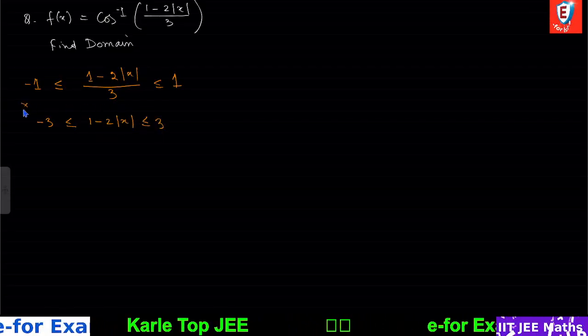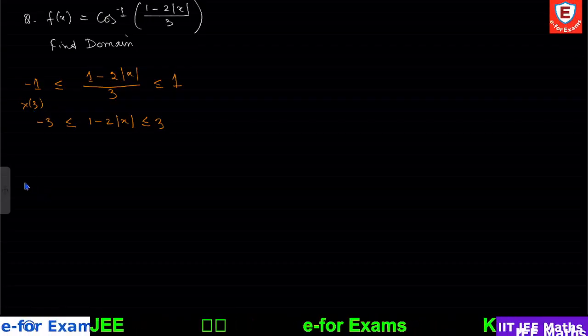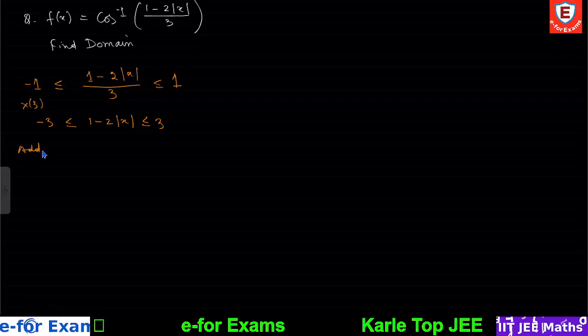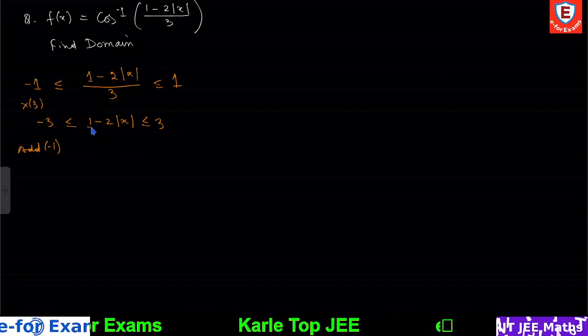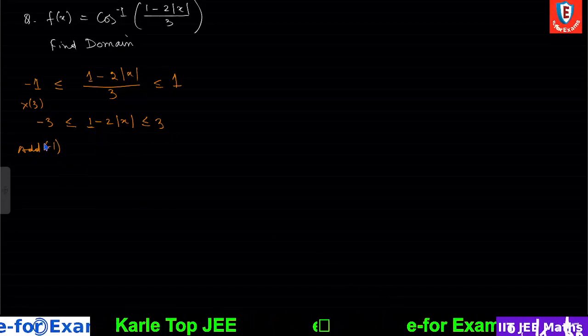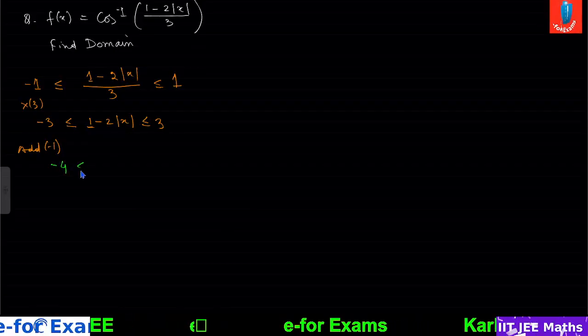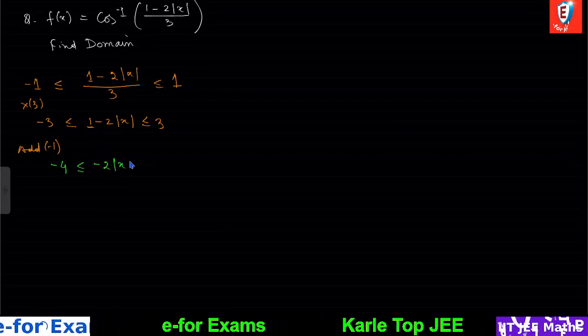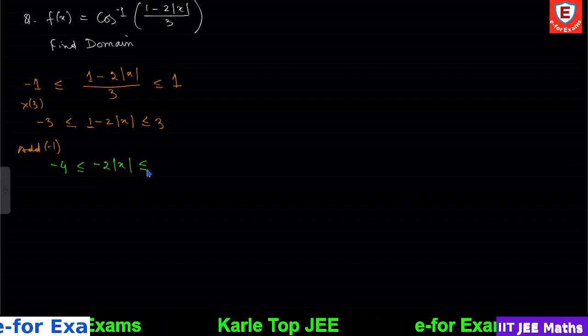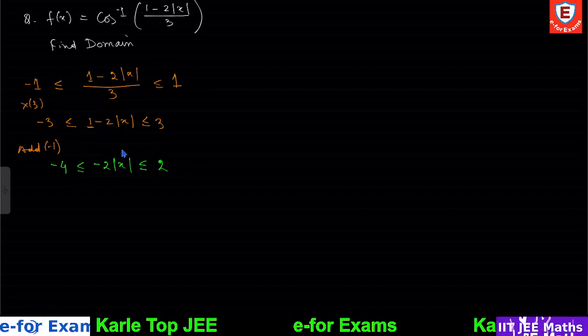Then to remove this 1, add minus 1. It will become minus 4 less than or equal to minus 2 mod x less than or equal to 2. 3 minus 1 means 2.